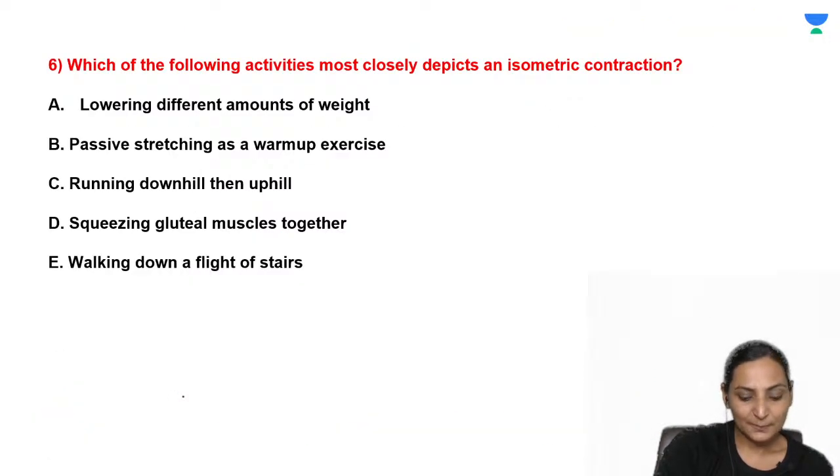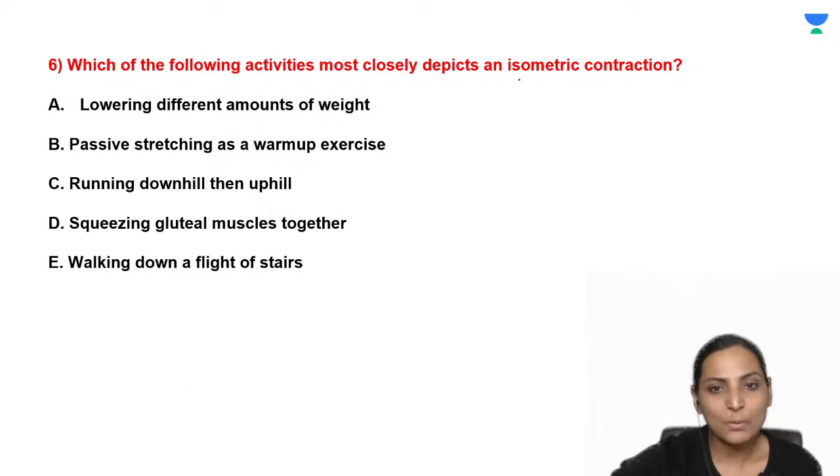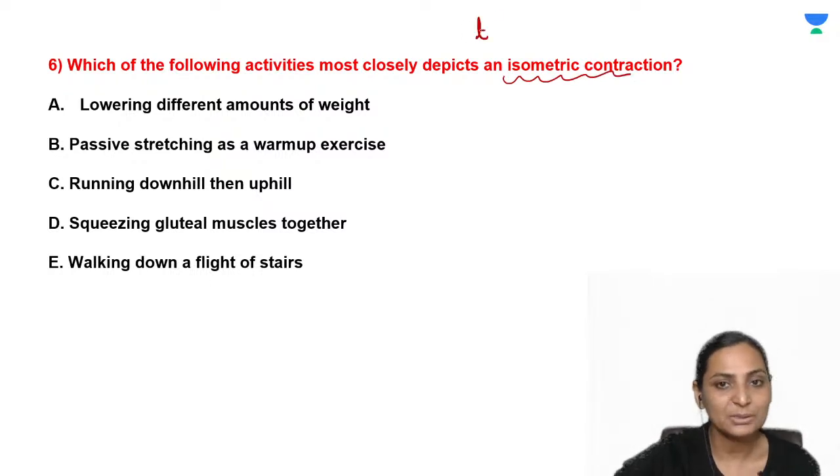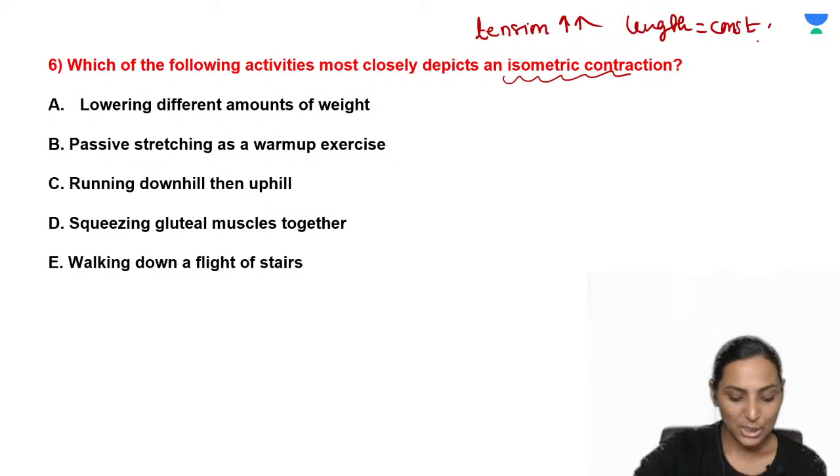Yes, moving next. Which of the following activities depicts an isometric contraction? You know what isometric contraction is? The tension is increasing but the length is remaining constant. So which is this type of contraction?